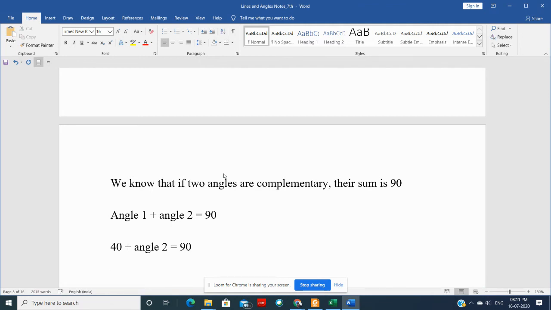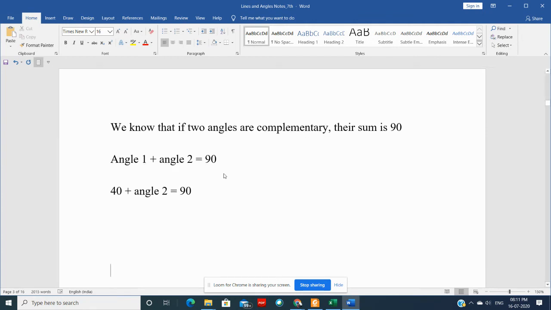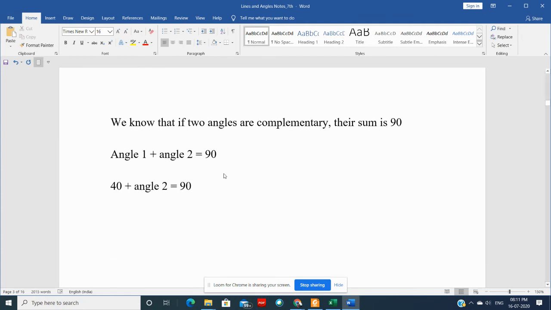So angle 2 gives me 90, and this 40 will come here, so it would be minus. So naturally this angle 2 is equal to 50. So if you want to find the complementary angle of 40, then this would be 50.